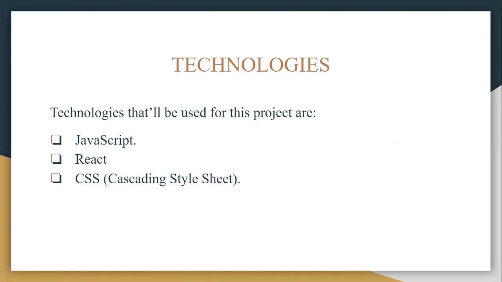The technologies that will be used for this project, as my colleague earlier spoke about, are React. React is a JavaScript library that has all the tools needed to build a project, and this is why we have chosen this technology.